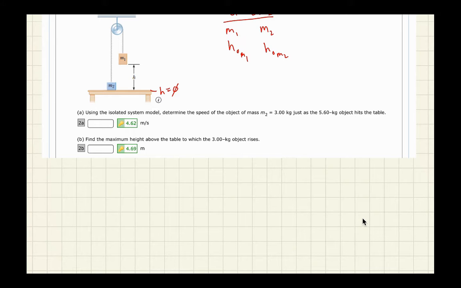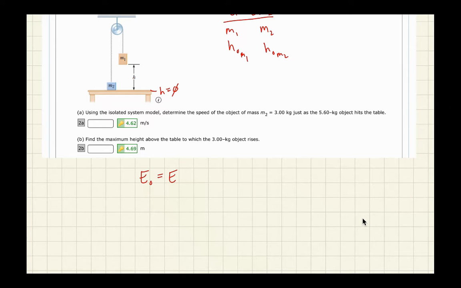In this truly conservative problem, E naught is going to be equal to E because there are no outside forces interacting with my system. So the initial energy here is just going to be gravitational. And because none of them are moving yet, and because block M2 is at height 0, it also has no initial gravitational energy.